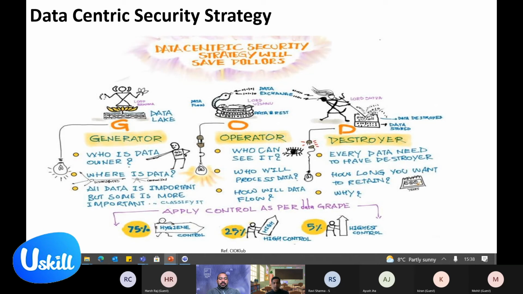When the whole process finishes, the data comes into the destruction phase. There we have to guide the people who are maintaining it, like your backup team, maybe your third party team, where we are taking backup. I am giving you a very practical example, so you can correlate.